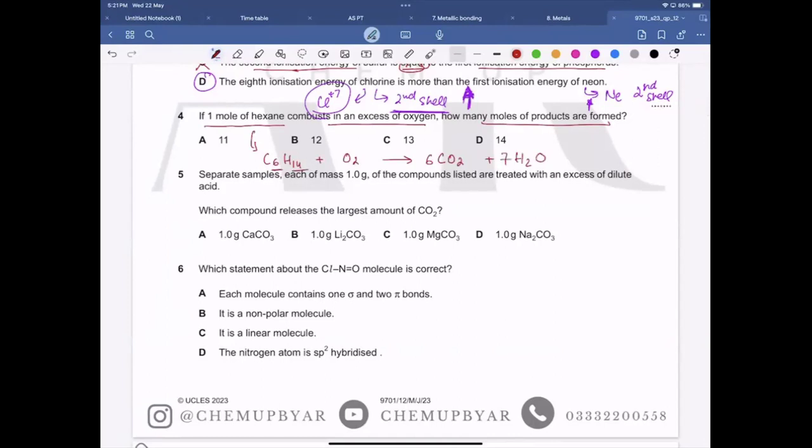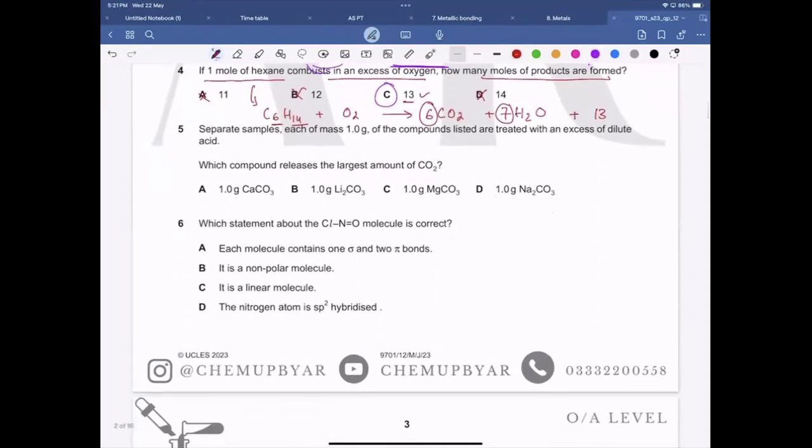So I'll put 7. So 6 plus 7 gives me 13. So 13 is this one. So A, B, and D go wrong. And C is the correct answer, because they just ask you to find the number of moles of products formed. So there are 13 moles of products which are formed during this combustion. I hope it's understandable to all of you.